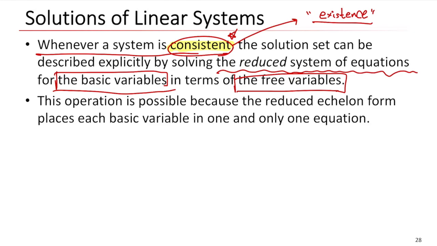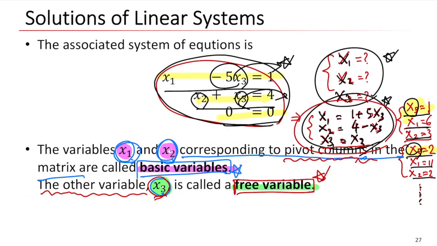So in this case, we can reduce the original matrix A into the reduced echelon form, or the reduced system of equations, and we can determine what the basic variables are and what the free variables are, and then we can solve this linear system for the basic variables in terms of the free variables, like this.